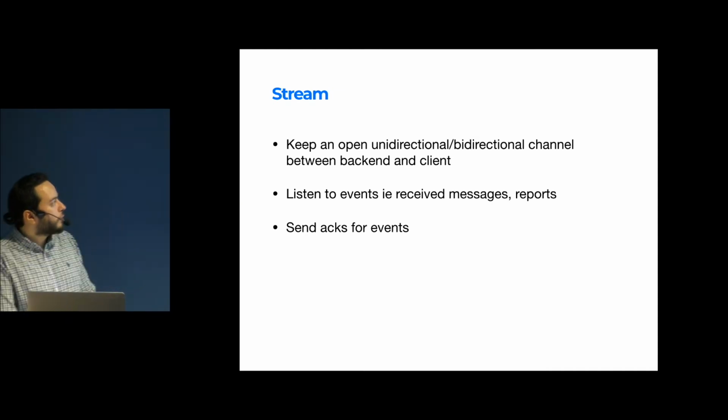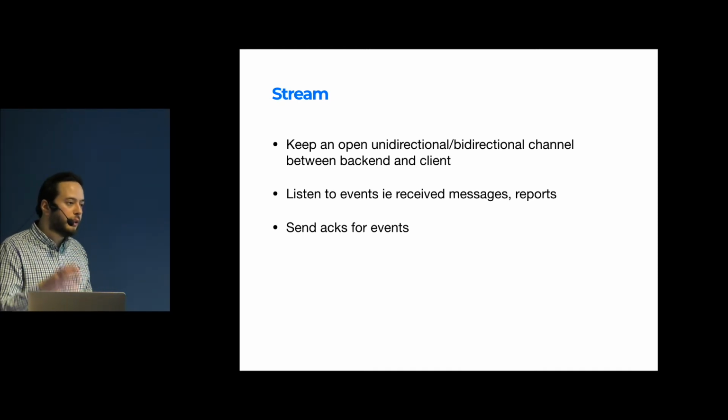Lastly, I would like to talk about streams, which we didn't have in HTTP. This basically means that you can keep a channel open between your backend and your client. This channel can be unidirectional or bidirectional, meaning that you can send a series of events or receive a series of events.